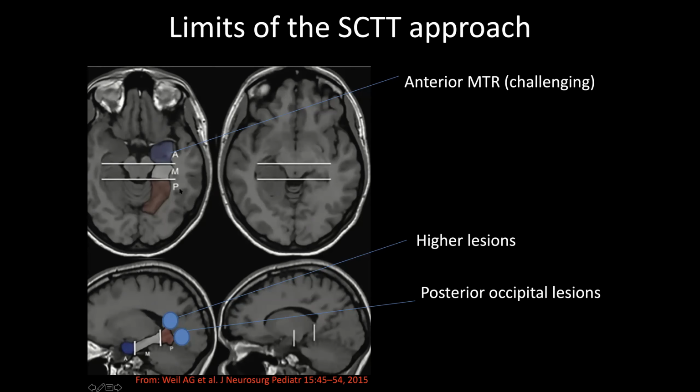Why? Because the petrous ridge laterally and the midbrain medially can obscure the view of the structures. And so for anyone embarking on their first cases utilizing the SCT approach, I would certainly recommend starting with a more posteriorly located lesion.